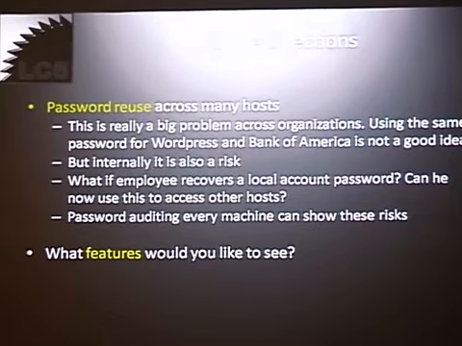So to be able to come in as an IT security guy and find that risk by looking at all the usernames and passwords used across the local password hash stores on the boxes, and correlate what that commonality is. So that's another potential future direction we're thinking about.